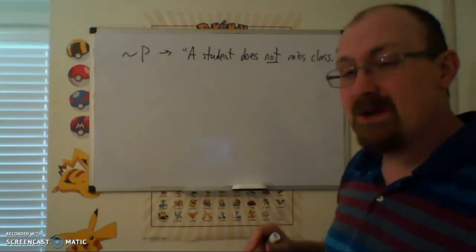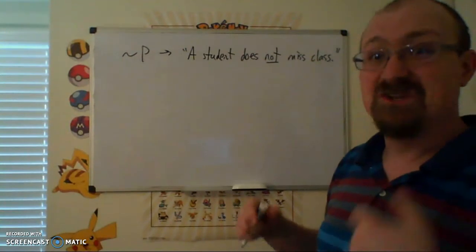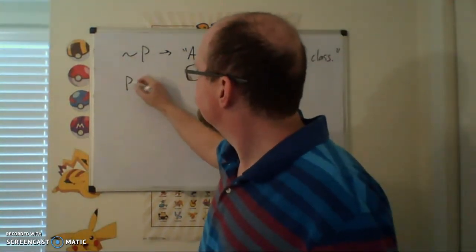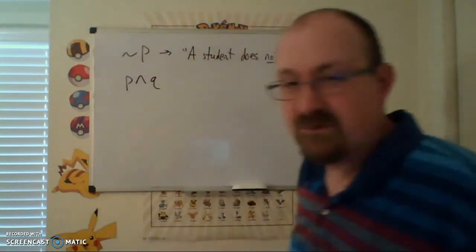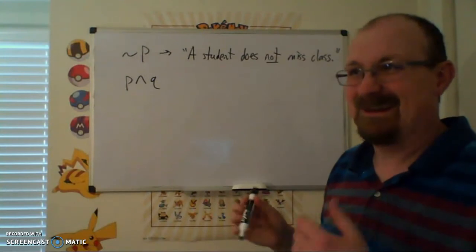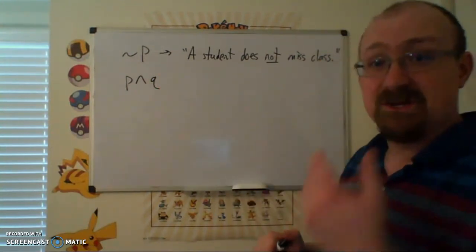So the next operation I want to take a look at does in fact require two simple statements at once. It's the conjunction of two statements. It's represented with this thing that looks like an upside down V, or maybe like a caret if your calculator has an exponent key that looks like that. So it's a conjunction.